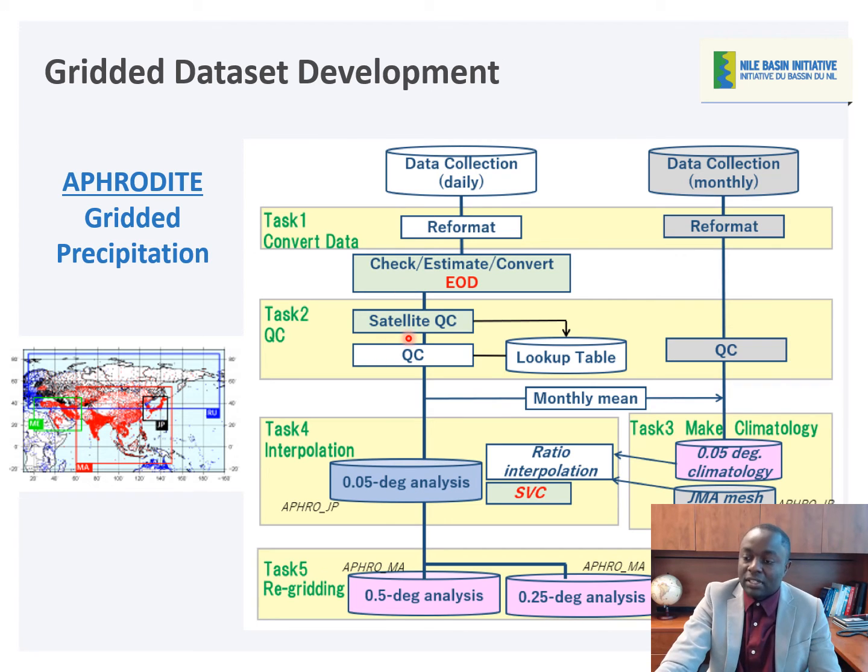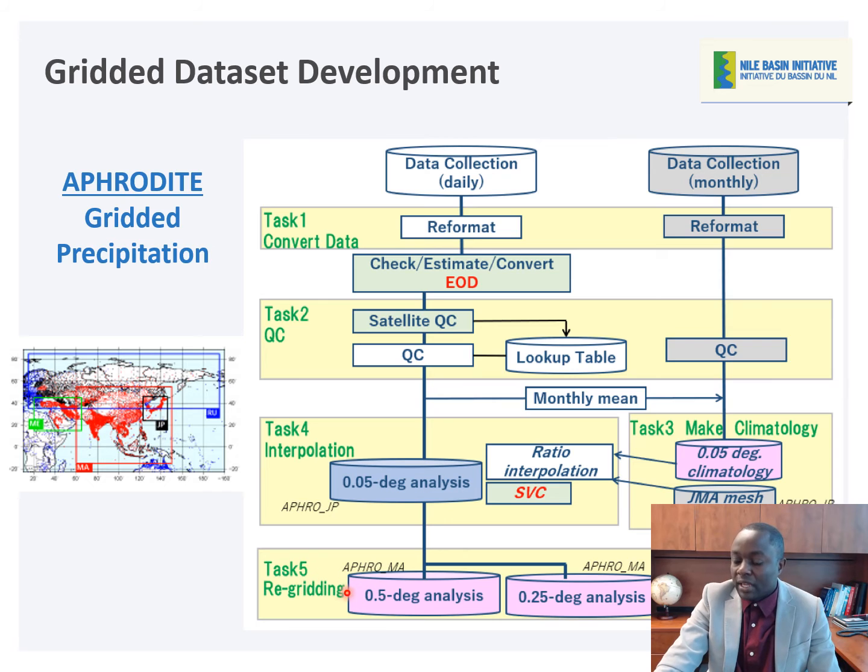As I said, station data can either be from rain gauges, from satellites, from buoys over the ocean, and even from airplanes. Okay, and the next step is to integrate all these data sets and use an interpolation algorithm to grid the data and produce a regular grid.